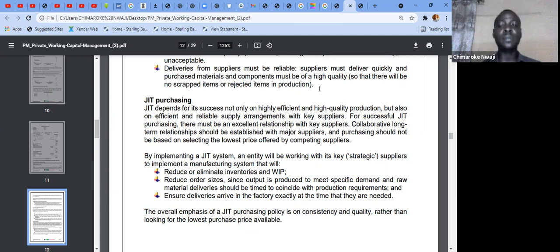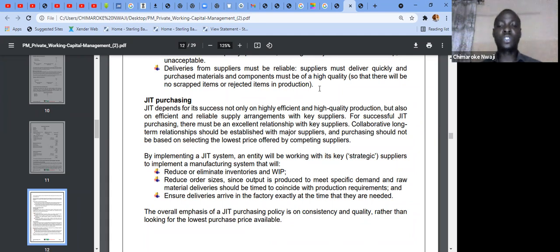So you see here, the overall emphasis of a JIT purchasing policy is on consistency and quality. Consistency here means that you have consistency in your lead time to supply, and the lead time is so fast. Lead time in giving out your product, attending to your customers' demand, is so fast.